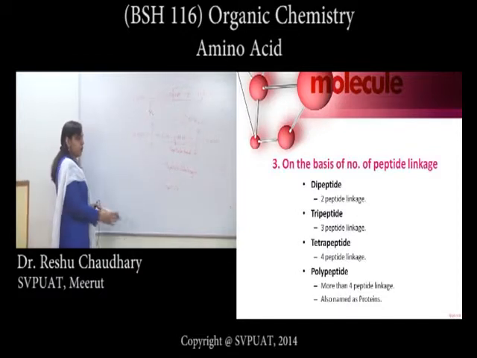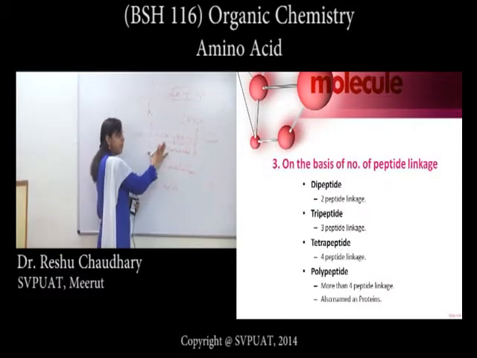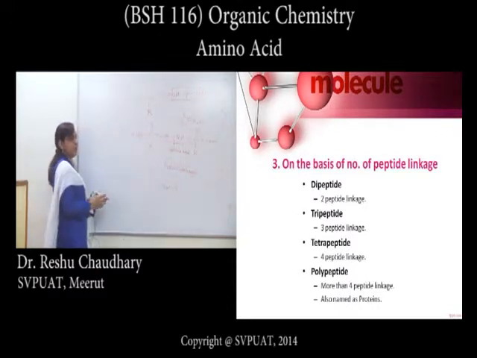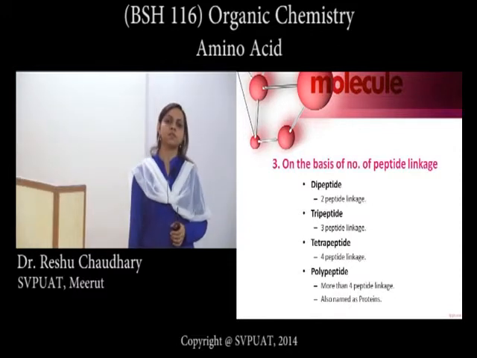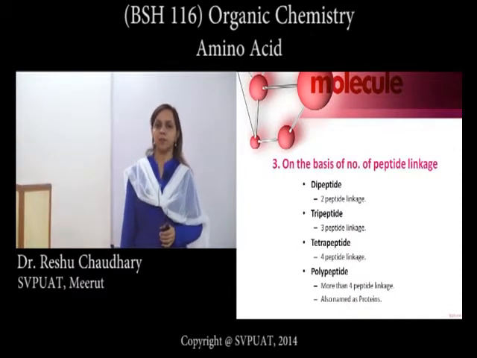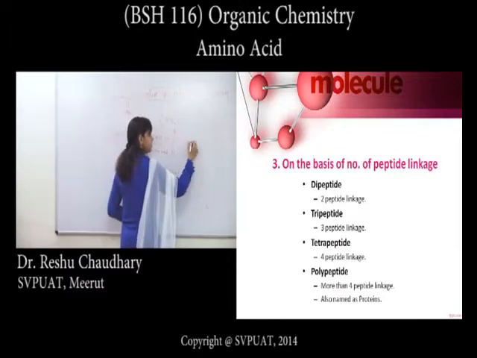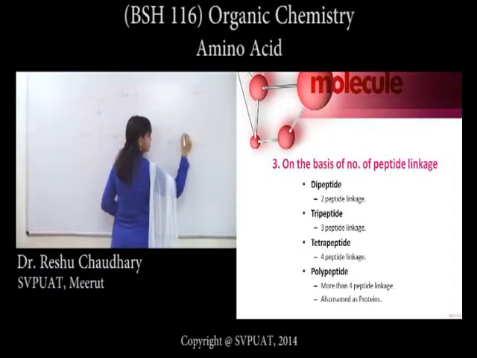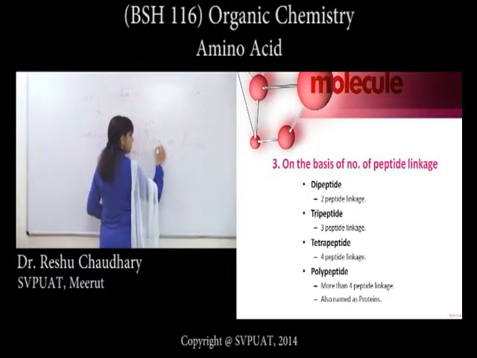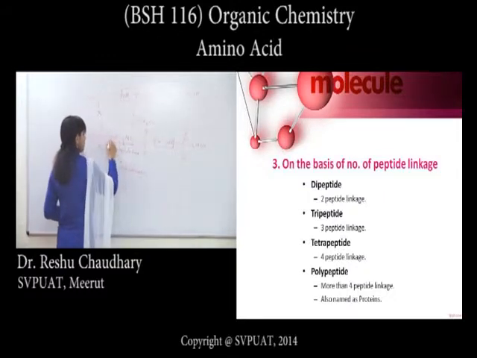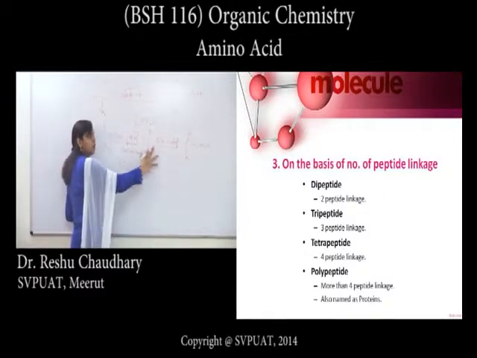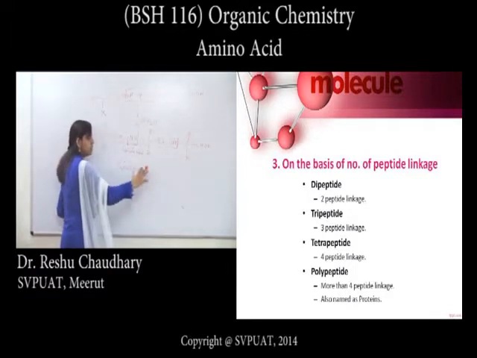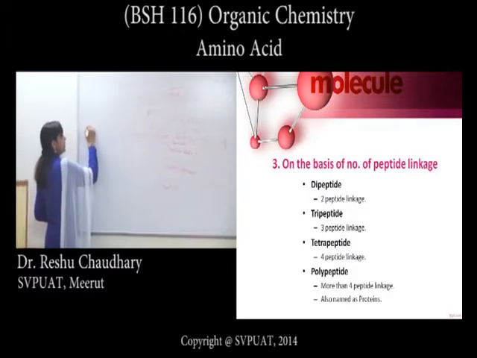Now the classification of amino acids on the basis of peptide linkage. A single peptide bond is only known as a peptide, and when there are two peptide linkages, formed by the removal of one more water molecule, there are two peptide bonds and three amino acids linked together.